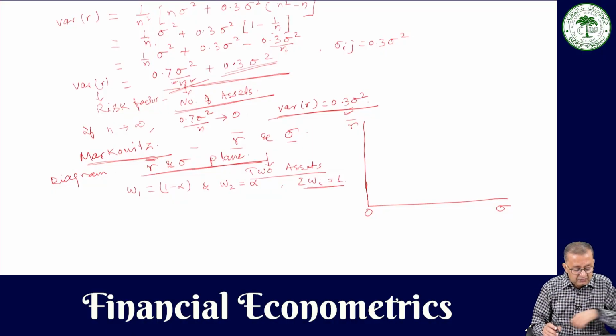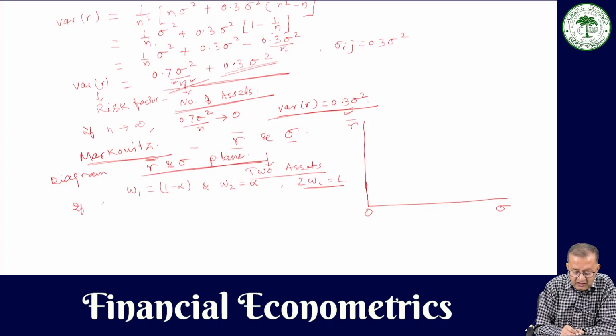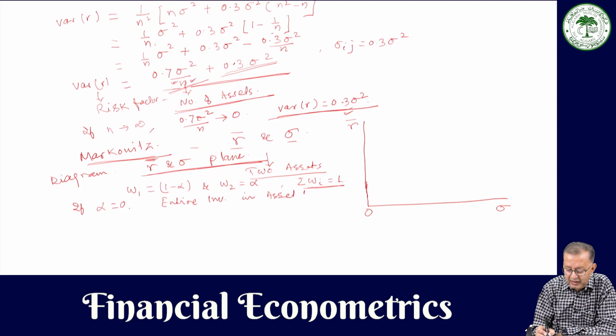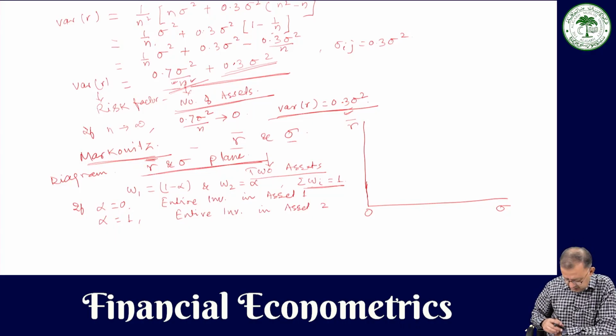So if alpha is equal to 0, then entire investment is in asset 1. If alpha is equal to 1, then entire investment is in asset 2. So we have entire investment in asset 1, entire investment in asset 2 in this situation.